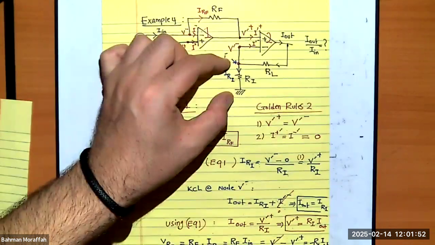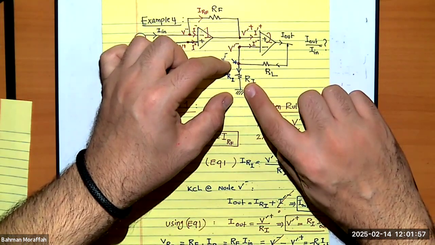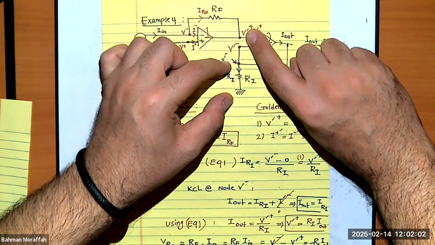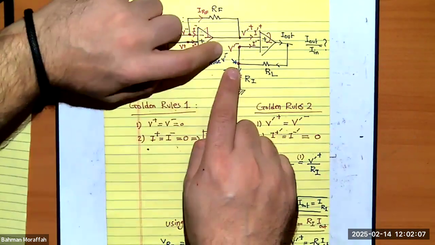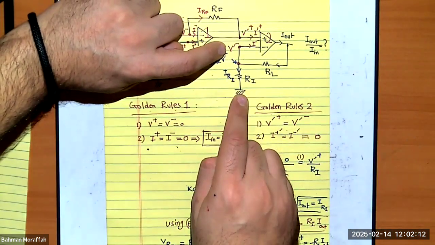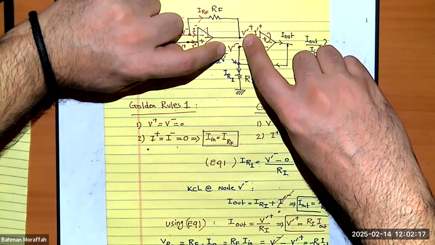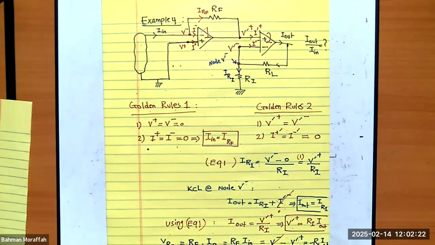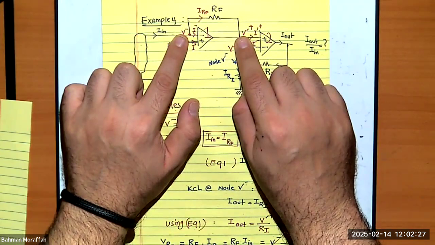So I can find voltage across this Ri. If I find voltage across this Ri, it is exactly the same as this V prime negative, and that's due to the first rule that we have over here. And that tells me exactly what this V prime plus is. As soon as I know V prime plus, I know voltage across this RF.